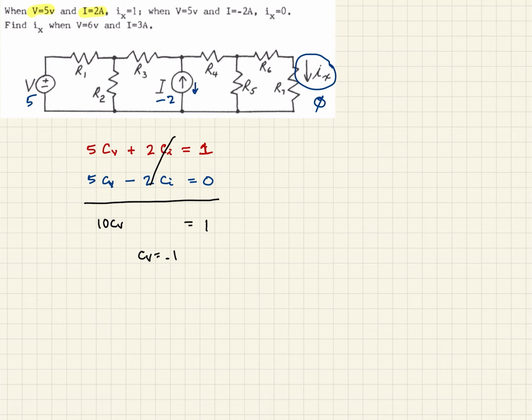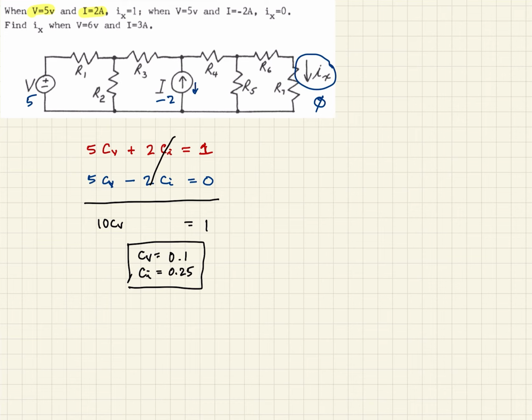And then if we substitute that back into either of these equations, we should be able to solve for CI equal to 0.25. So these are our constants. Let me write this consistently: 0.1 and 0.25.